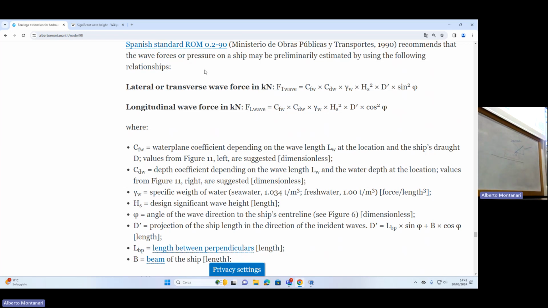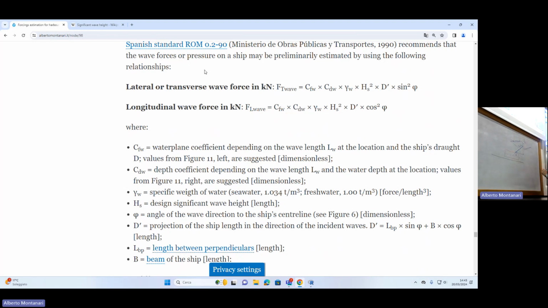So the forcing is given by CFW, CDW, and then there is gamma W, and then there is HS squared.